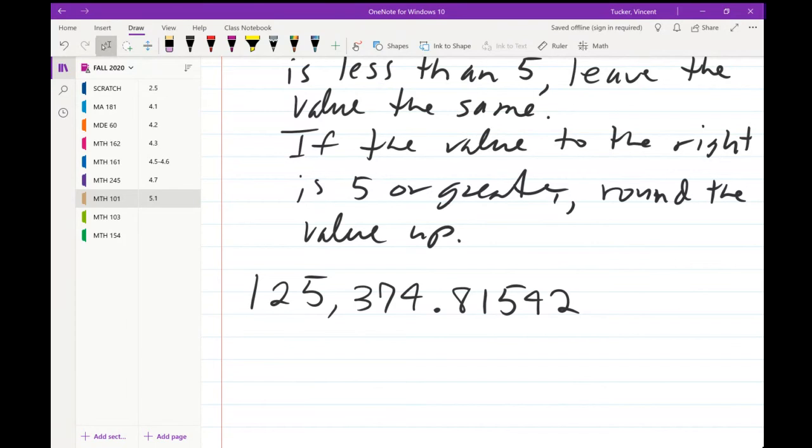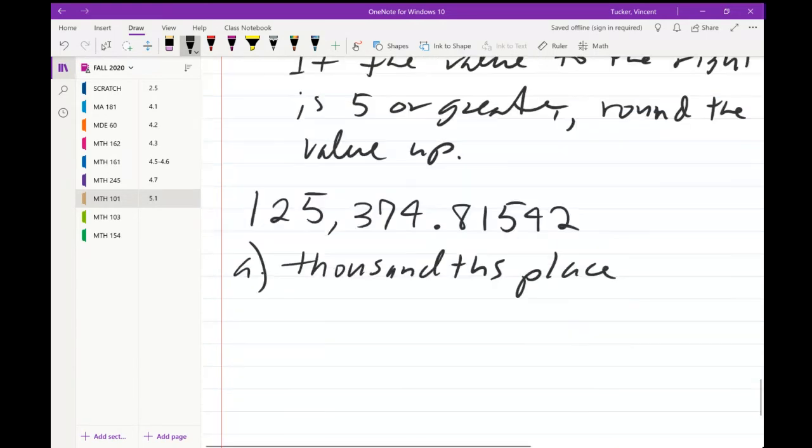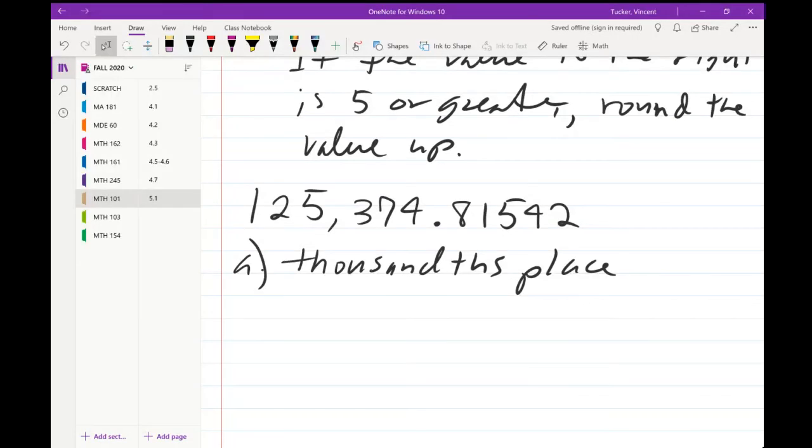All right, so we have 125,374.81542, and we want to round to the thousandths place. So look for the thousandths place.